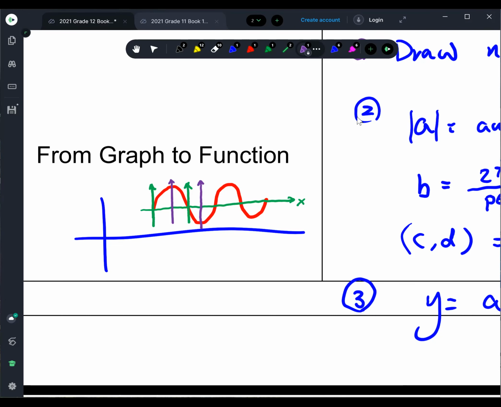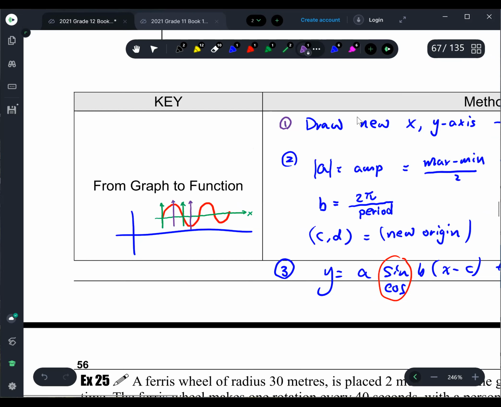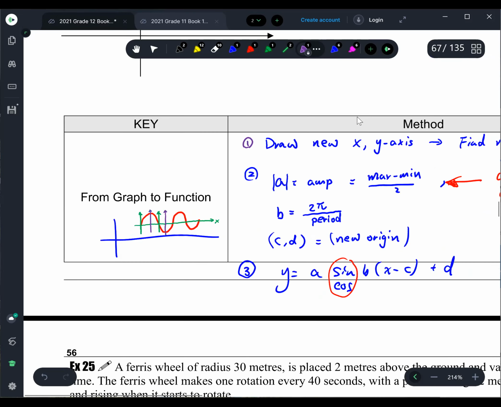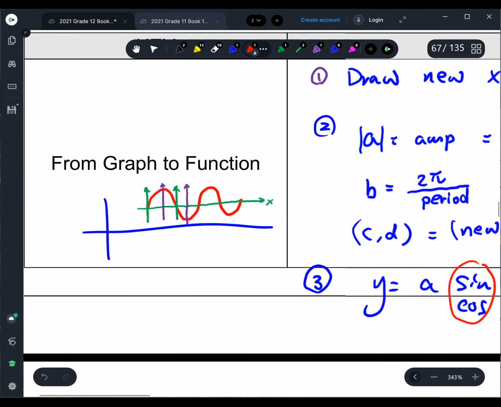Okay, and then once you've got the new X and Y axis, then you can figure out the location of your origin. So origin will have 4 options. So you have either here 1, 2, 3, 4, 4 possible places.